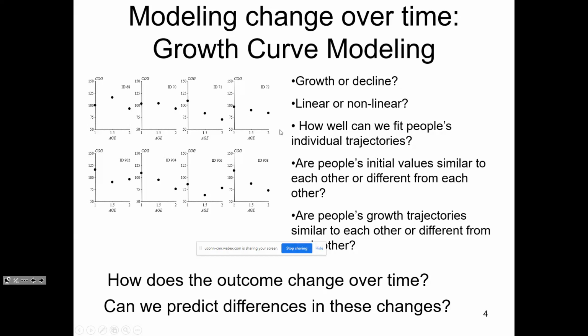Because if you want to model a nonlinear growth trajectory, as we'll talk more about next time, you have to have more observations across time. To do a basic linear growth model, you must have at least 3 time points. That's the rock bottom minimum.